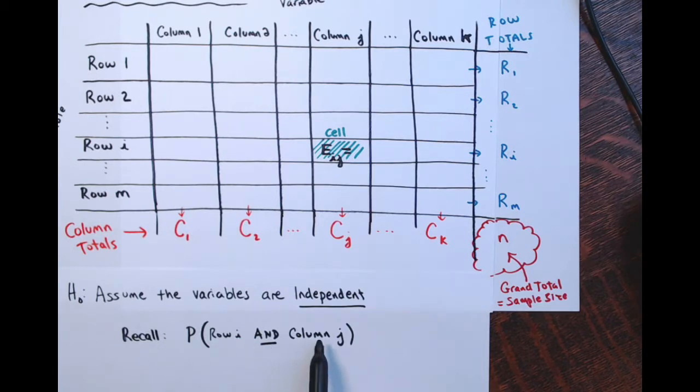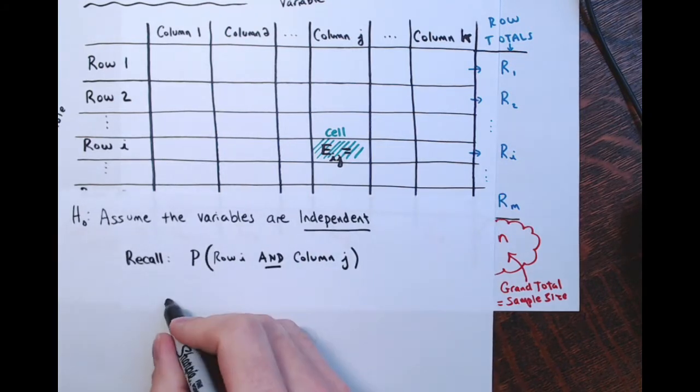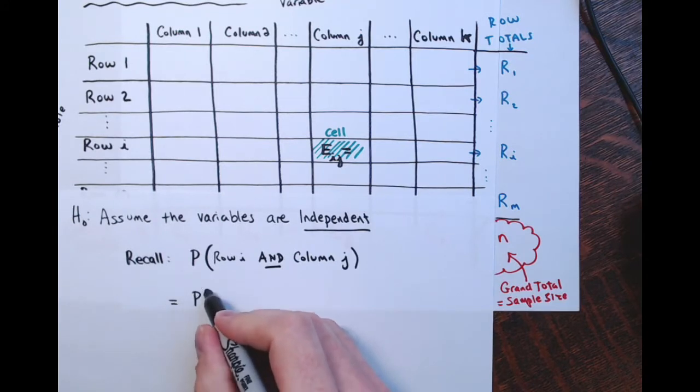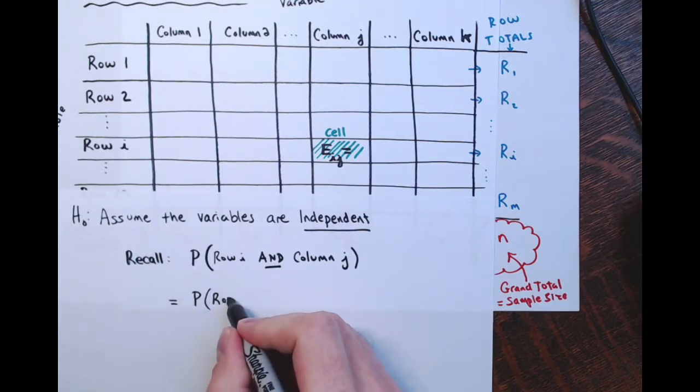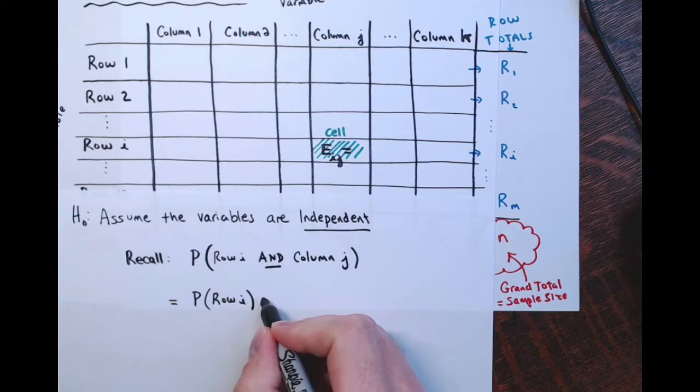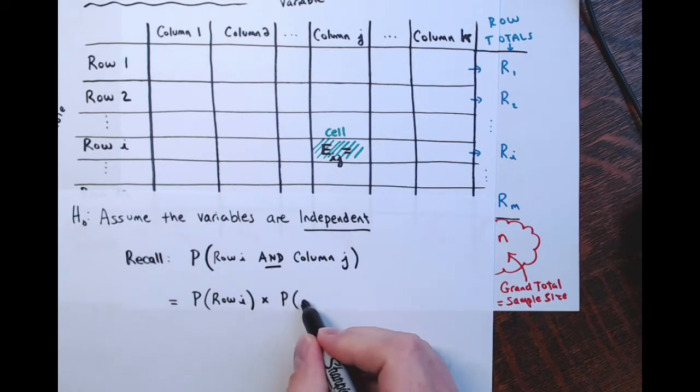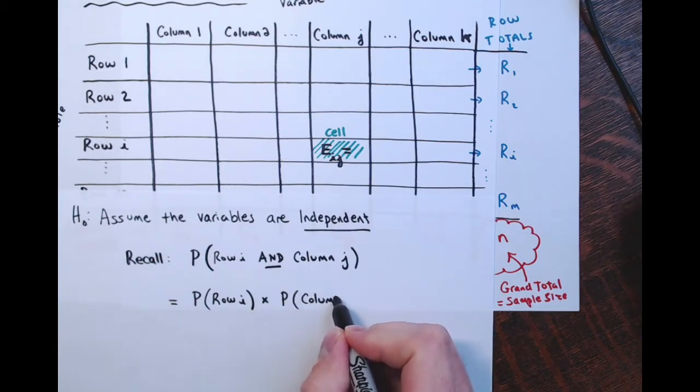This is a compound event, being in row I and at the same time being in column J. And remember, if these two variables, the row variable and column variable, are independent, then this would be equivalent to the probability of being in row I multiplied by the probability of being in column J.